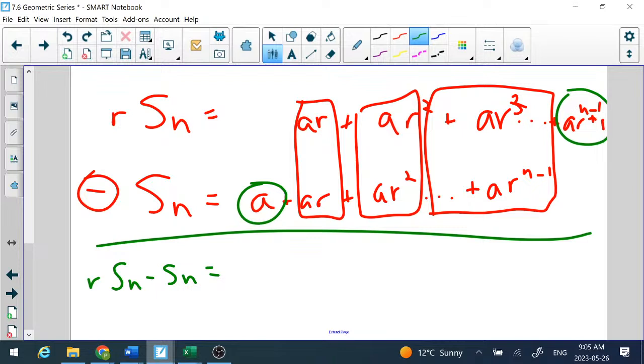That's the left side. What do I get on the right side? Remember, it's top minus bottom. This minus that, what is my this and what is my that?